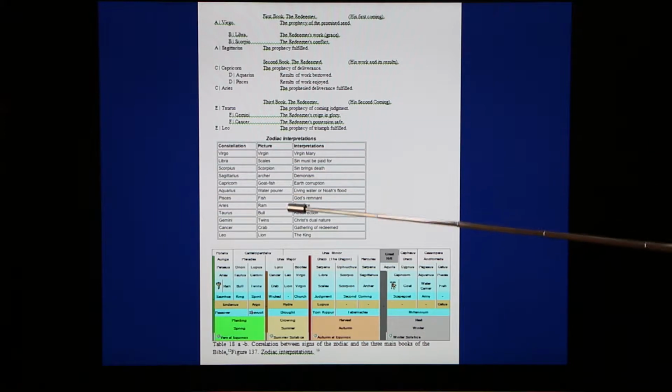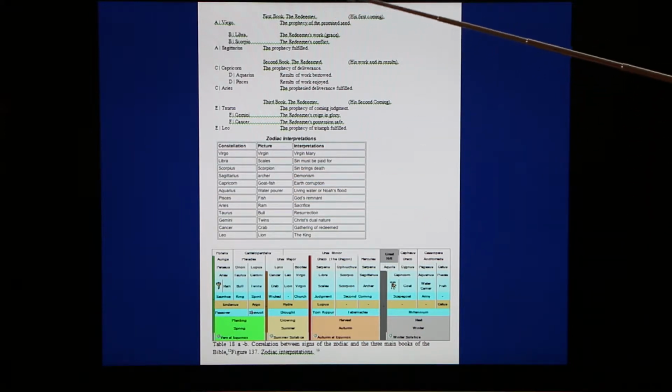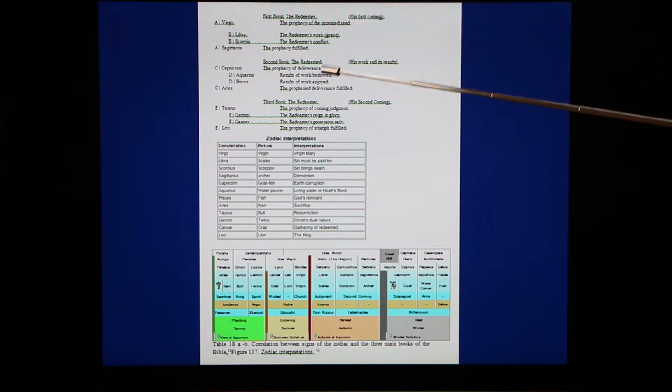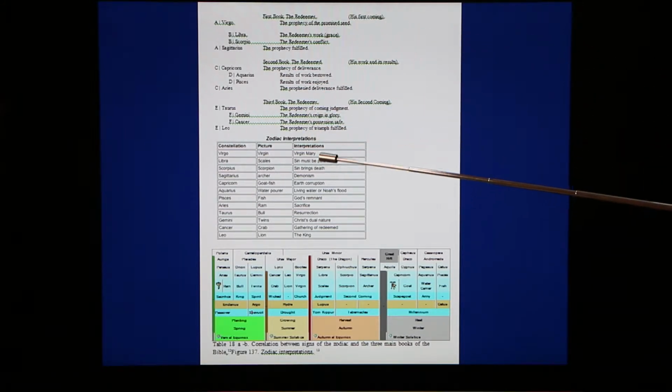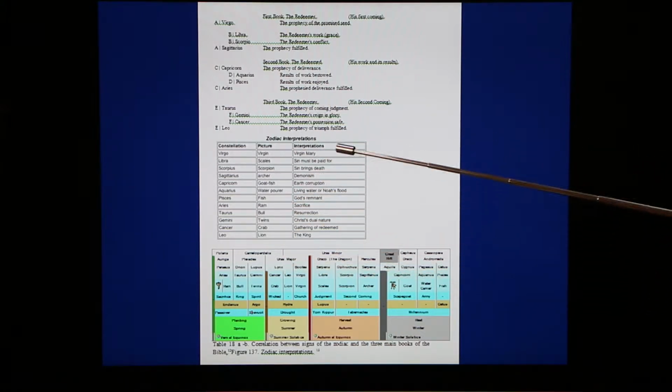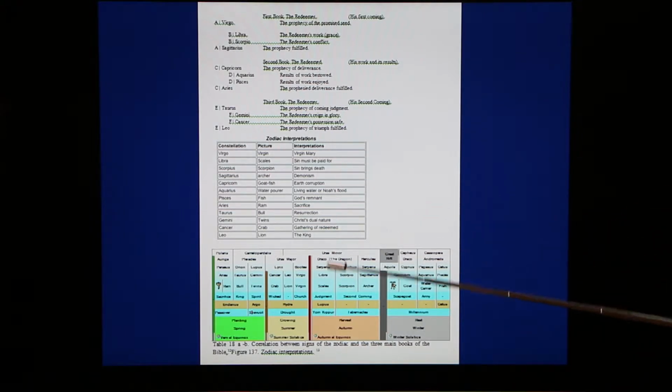So the 12 zodiac signs become linked with 3 stages in redemption. So there's the Redeemer, the Redeemed, and then the new Redeemer. Or you can link this with the 12 zodiac signs and specific moments in the Bible.